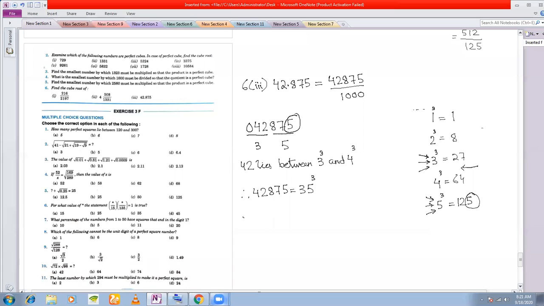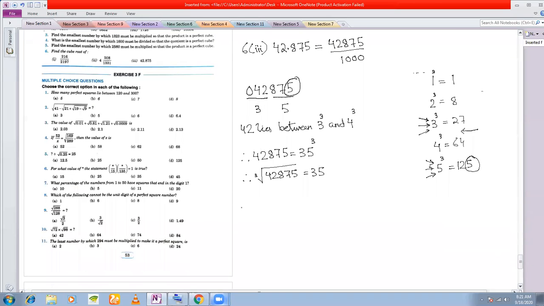So what is the cube root here? The cube root of 42875 is 35. Now coming back to our given number, we had 42.875, which we wrote as 42875 by 1000.